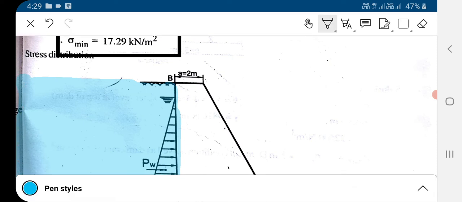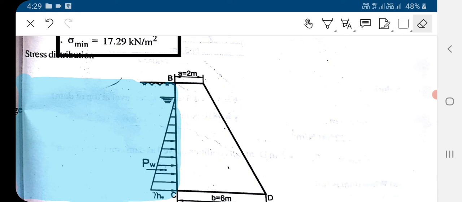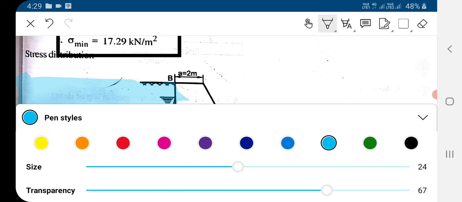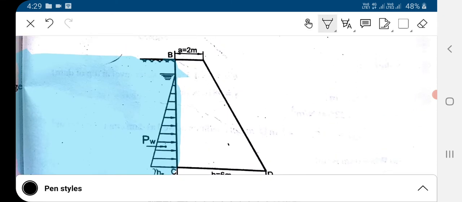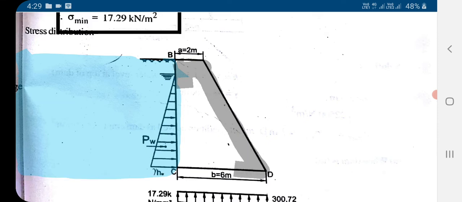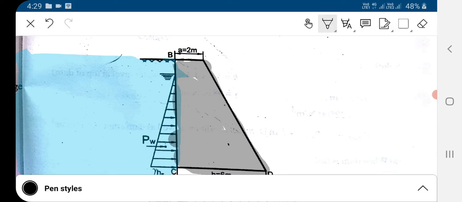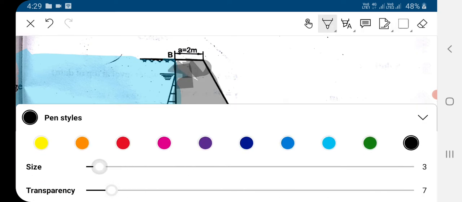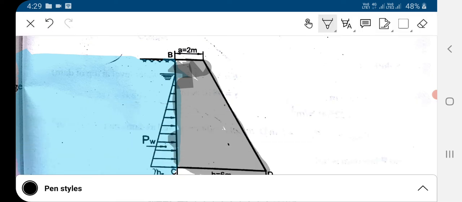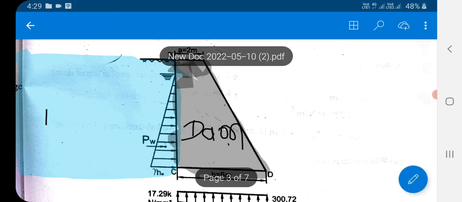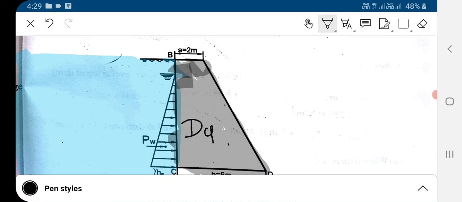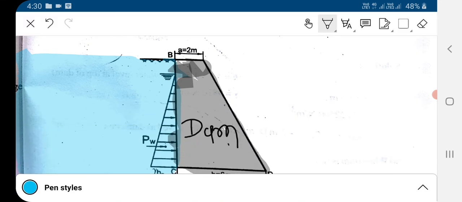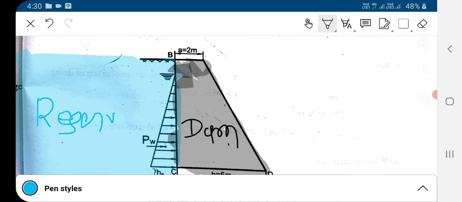Here it is the dam body, and this is the reservoir.